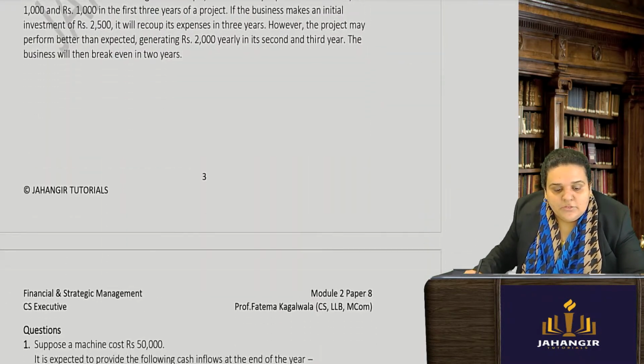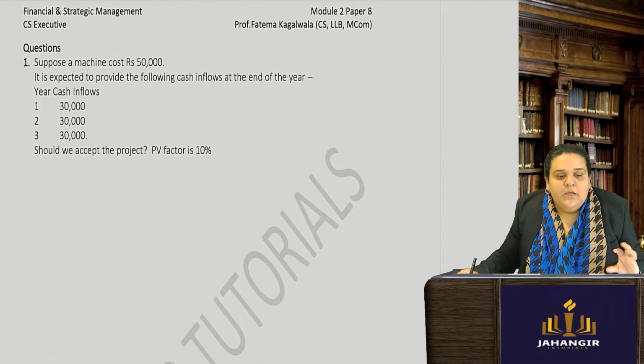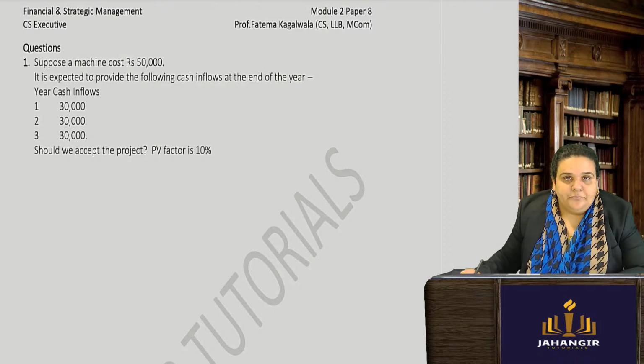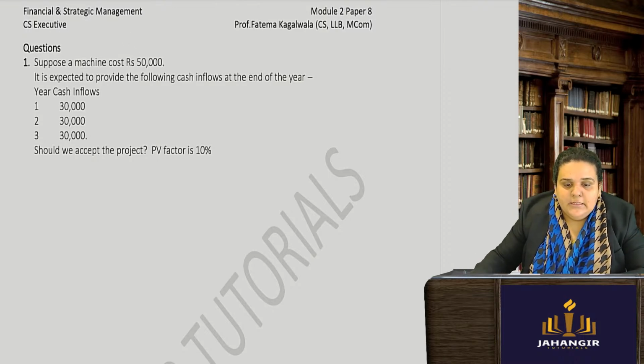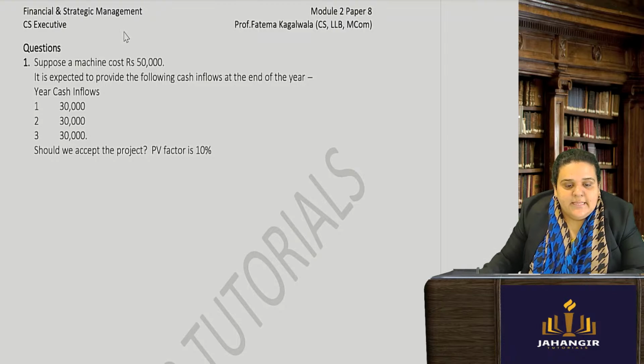I am going to explain all of this with the help of an example, a given question. This particular question is going to cover all the types that are important to understand capital budgeting. Say there is a machine costing 50,000 rupees.